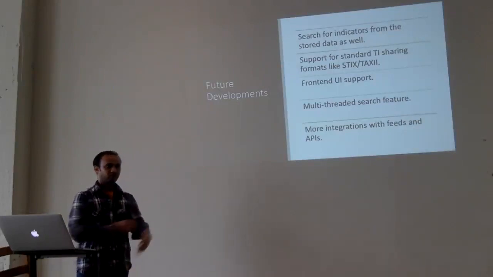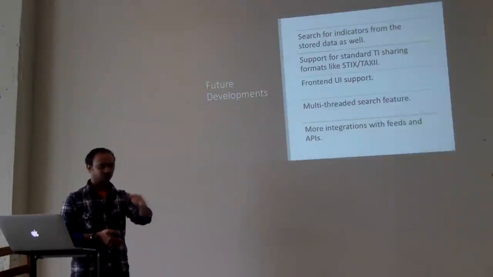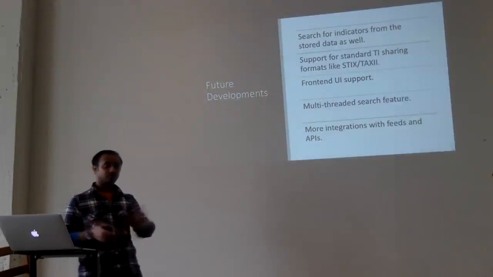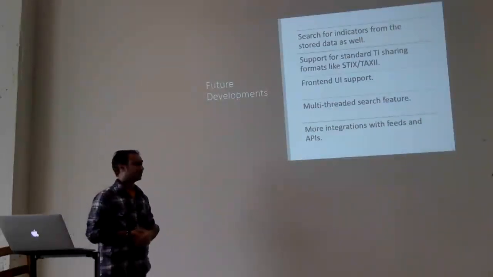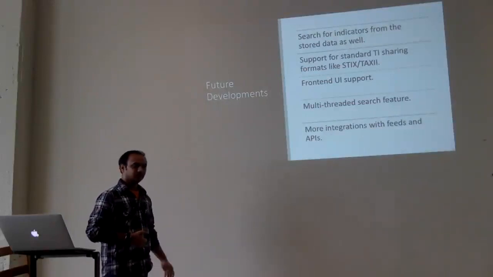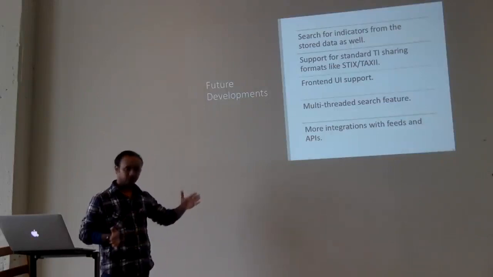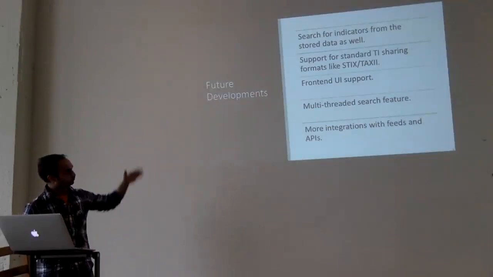For example, if you have an antivirus, it will give you a detection name, file hash, when it was created, when it was updated. If you have an intrusion prevention system, it will be about IP addresses, when it was seen, when it was registered, and stuff like that. So STIX TAXII was created as a standard so that all security tools follow this protocol to create generic information, and it becomes easy for other tools to digest that information. So that's what it is.